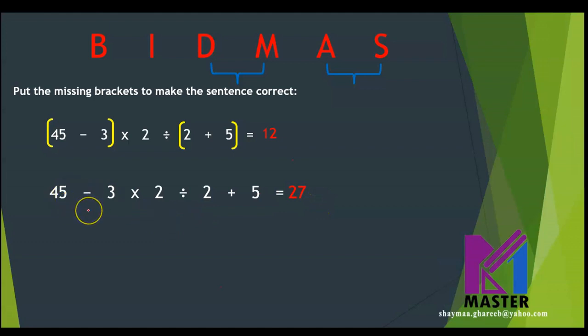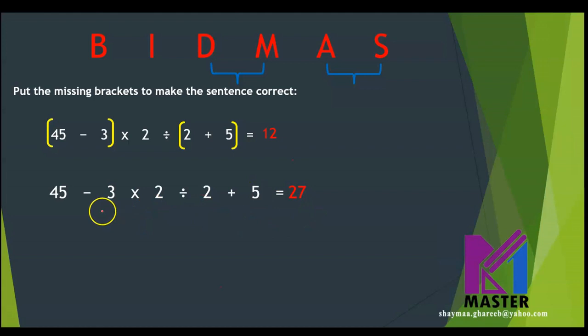So 45 minus 3 times 2 divided by 2 plus 5 equals 27. What do you think? What should I do now? 45 minus what gives 27? What do you think? 45 minus 18 gives 27.